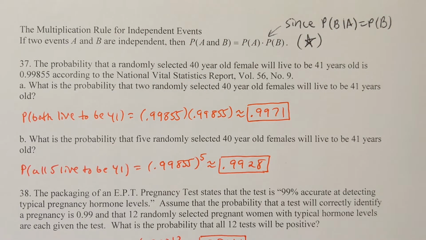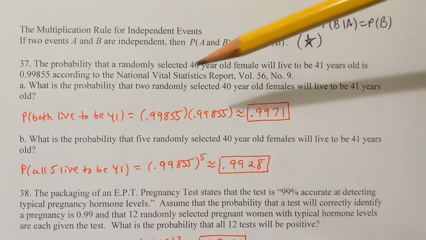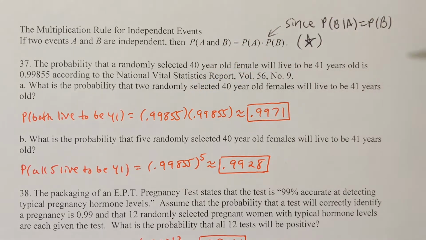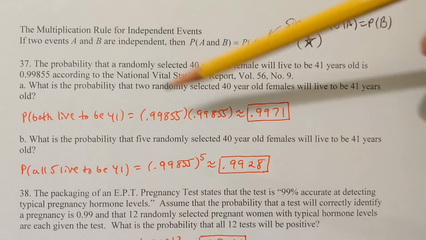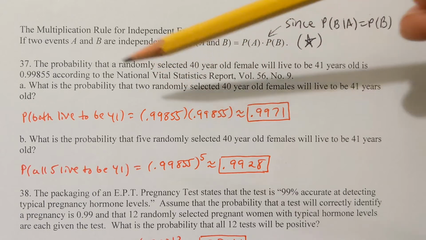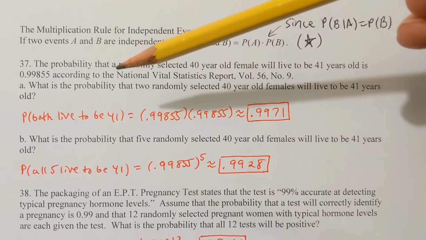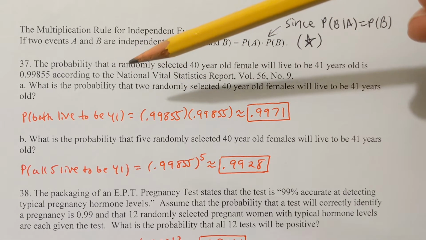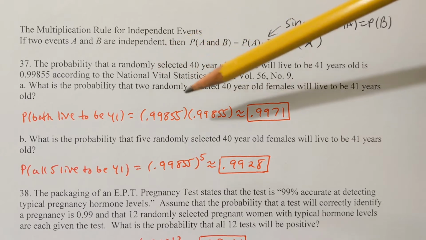Well, the next thing to notice here is that I've got independent events going on. 0.99855 is the probability that one female lives to be 41 years old. Just because one person lives to be 41, that has zero effect over somebody else living to be 41. Zero.